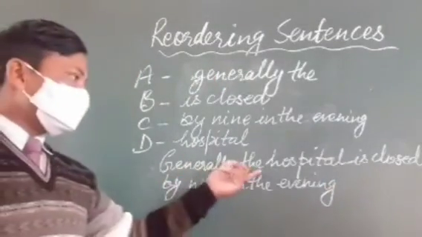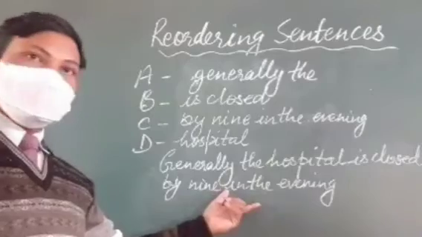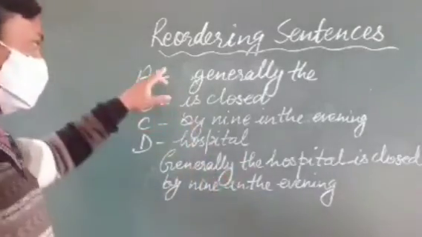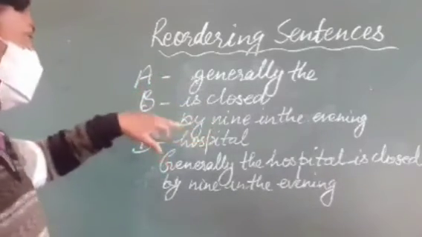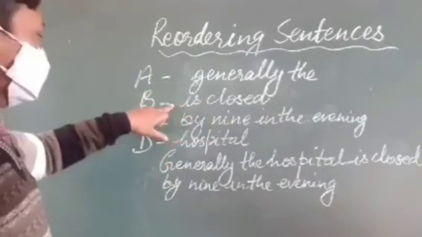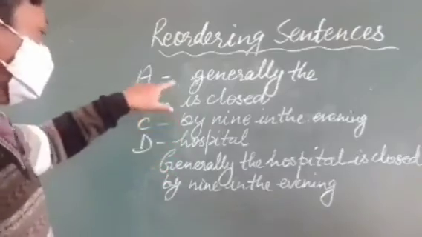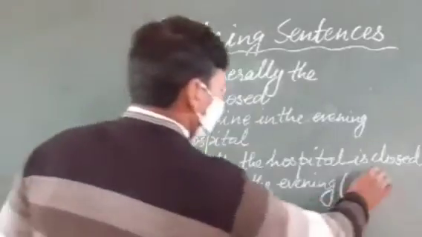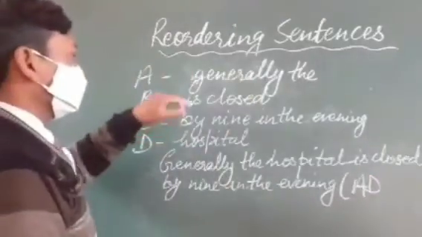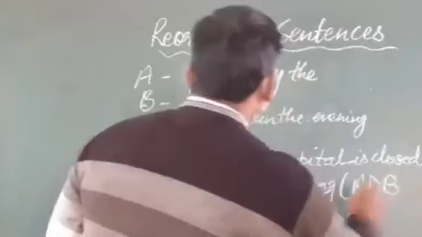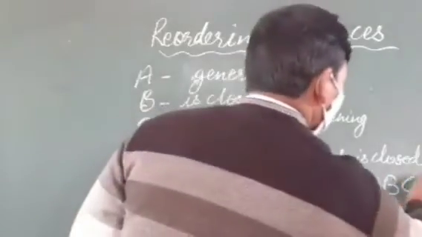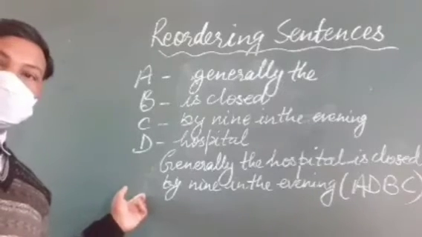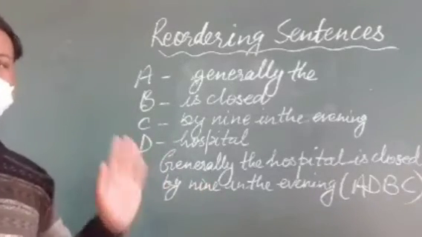Generally, the hospital is closed by 9 in the evening. So, what is the suitable option for us? A, generally the hospital, D, is closed, B, and then C. A, D, B, C. This is the correct option for us.